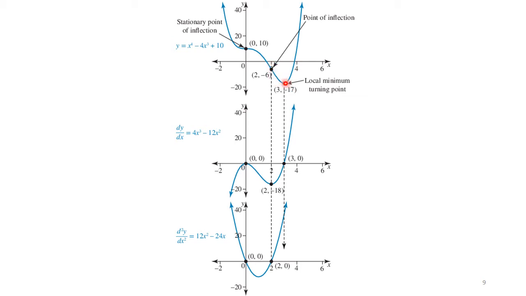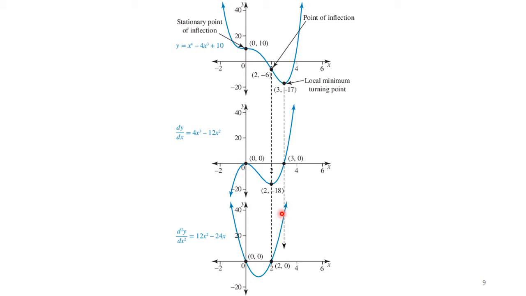Now let's look at another point. Looking at here, you can infer that this must be a local minimum turning point. We don't have another point smaller than this. It is a turning point, and it is a stationary point because the gradient is sitting at 0. If you look at the first derivative function, you can see it is sitting at 0. Well, the second derivative tells us whether it is concaving up or down.